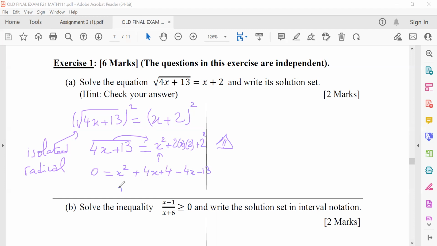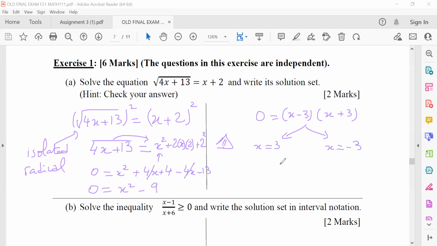What we get: x squared, 4x minus 4x we simplify, minus 13 plus 4 is minus 9. Here we can factor: x minus 3 times x plus 3. So we have 2 options, x equals 3 or x equals minus 3.